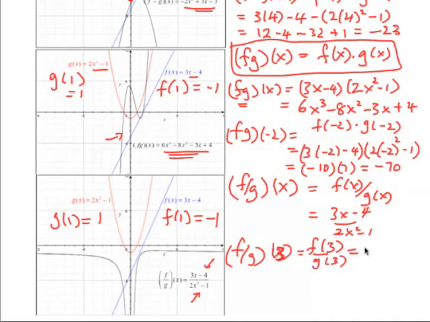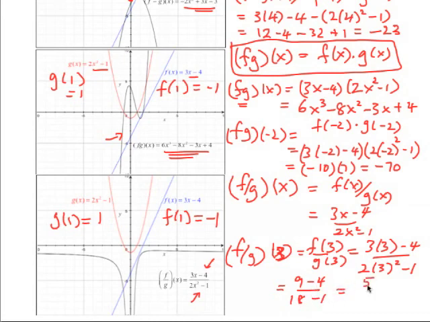All right, so this will be 3 by 3, subtract 4, over 2 by 3 squared, subtract 1. So this will now be 9 subtract 4 over 9, 2 nines are 18, subtract 1. So I end up with 5 over 17. And of course this is the point 3, 5 on 17. And that would be that point on the black curve.